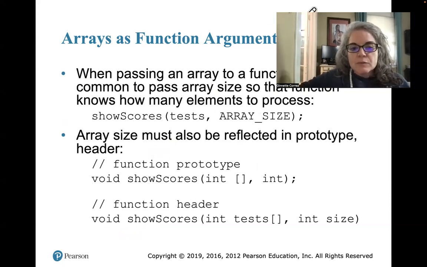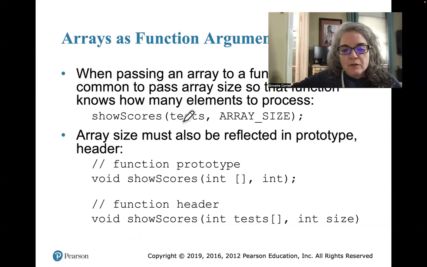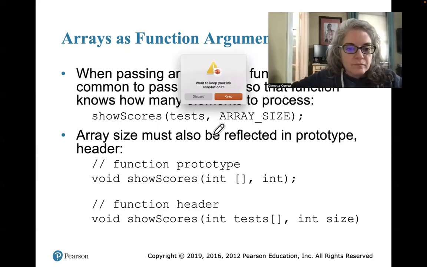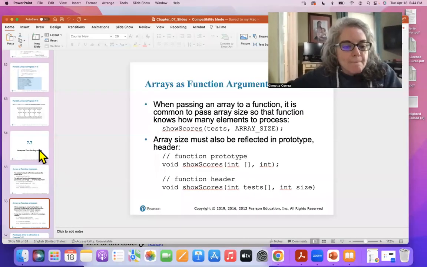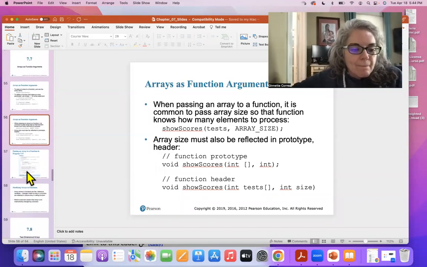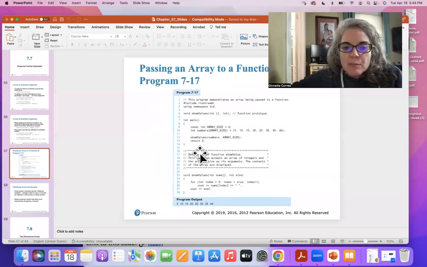When passing an array to a function, it is common to pass the array size so that the function knows how many elements to process. So you pass it the array, and you pass it the size of the array. Here's an example.